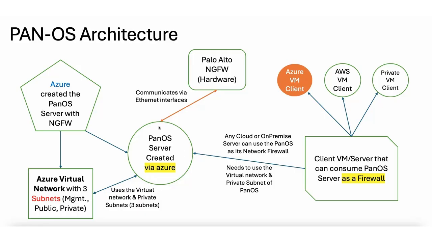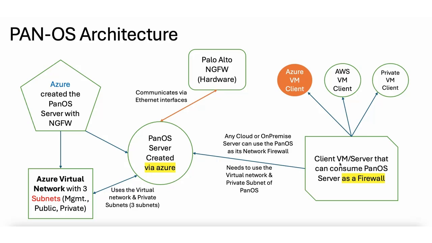Now, Pan OS being deployed by Azure at the back end has been attached successfully to a Palo Alto firewall, which is a hardware firewall, and they both communicate via Ethernet interfaces. This guy right here is now ready to be used as a firewall to be consumed by any client server.